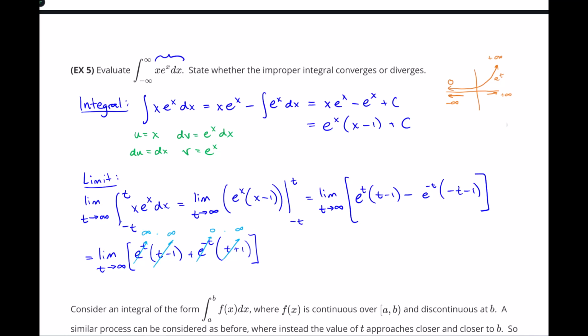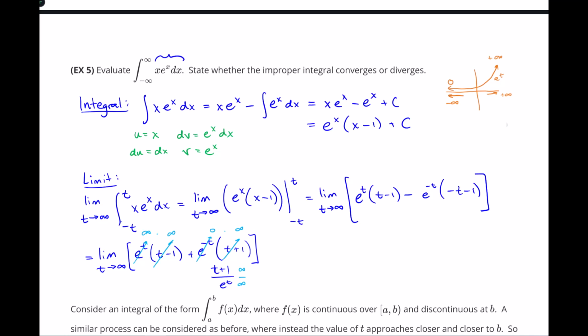Because if I rewrote this as (t plus 1) over e to the t, as t goes to infinity, this is now technically infinity over infinity, which is an indeterminate form, so L'Hopital's rule would apply. And that's the safest way of evaluating this function, using L'Hopital's rule.